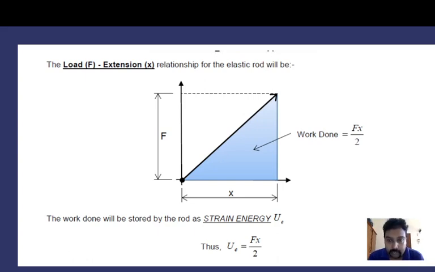So the work done is half Fx, because the area of a triangle is half times the two lengths. The work done will be stored by the rod, so the strain energy is the same. The work done is equal to the strain energy. Therefore the strain energy U_E is equal to Fx divided by 2.